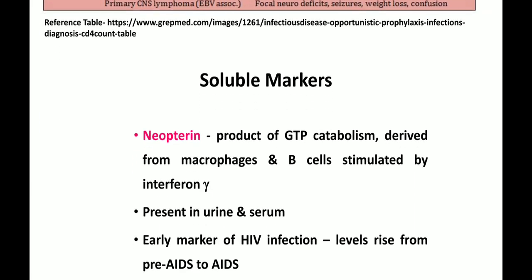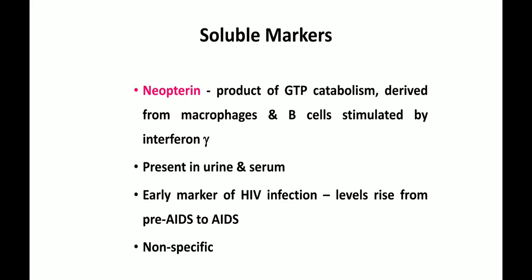So these are the non-specific tests, and along with that there are certain markers which can again be used non-specifically to detect HIV. Usually it is not done, but sometimes it is done. Neopterin is one such marker which is present in urine and serum. It's a product of GTP catabolism derived from macrophages and B cells stimulated by interferon gamma.